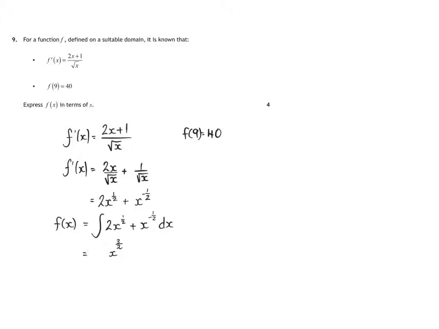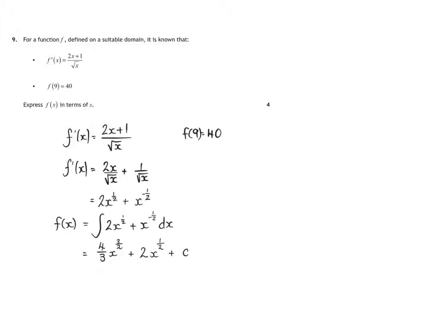So dividing 2 by 3 over 2 is the same as multiplying by 2/3, so we're going to get 4 over 3 because it's 2 times 2/3, which is 4 over 3, and then plus this one again, x, our power goes up to a half, and then we divide by a half, which is the same as timesing by 2, and then we have plus c.